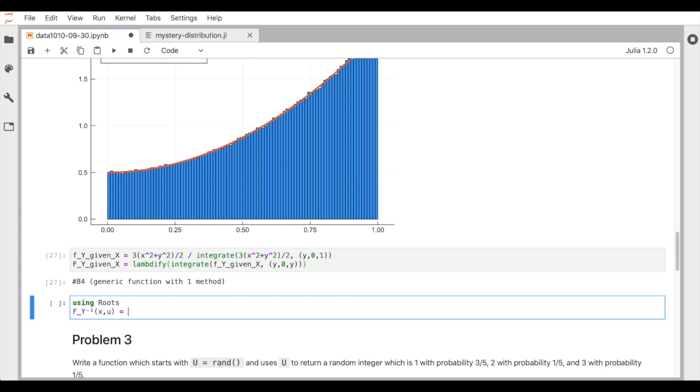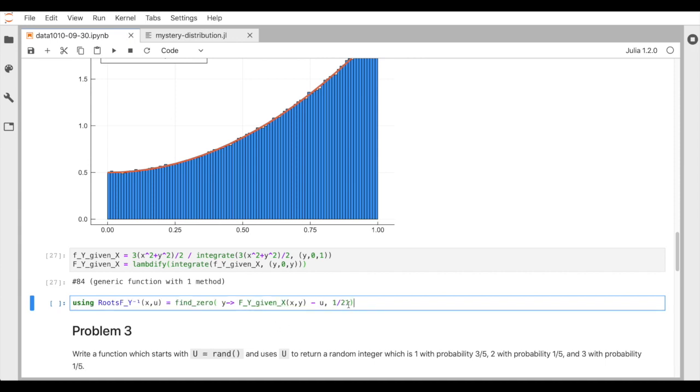So the inverse CDF is going to be given by finding the zero of the function which maps each y value to the corresponding CDF value at the given vertical line x minus u. So this solves the equation that the cumulative distribution function along that vertical line is equal to the specific value u, which is going to be the uniform variable we're going to generate.